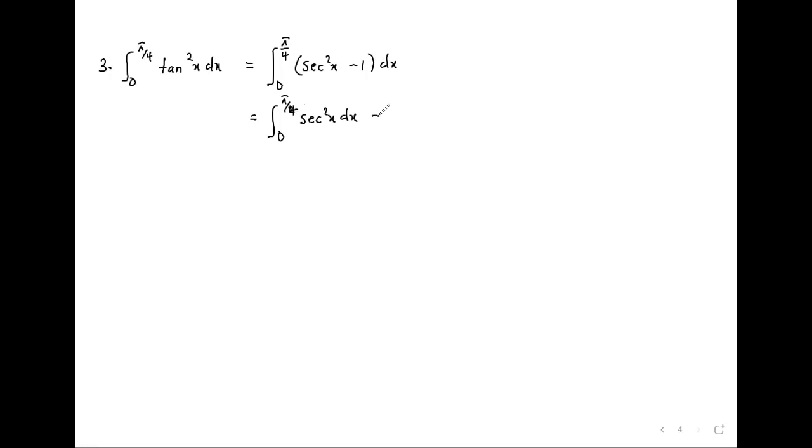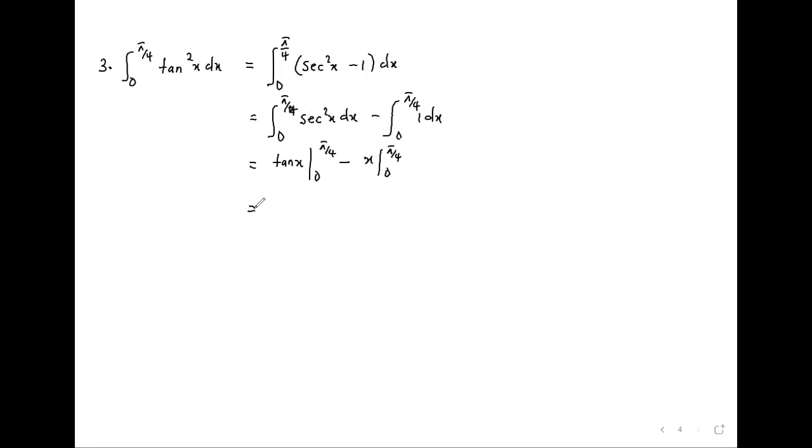The integral of sec squared from 0 to pi over 4 minus the integral from 0 to pi over 4 of 1 dx. The integral of sec squared, we just say that is tan x from 0 to pi over 4. Minus the integral of 1 is x from 0 to pi over 4.